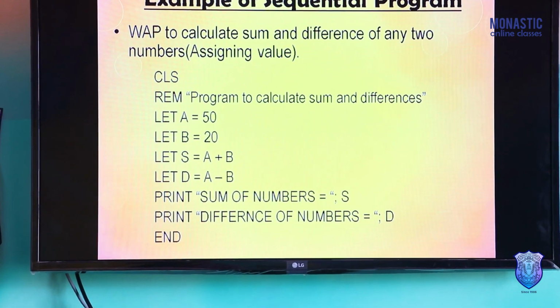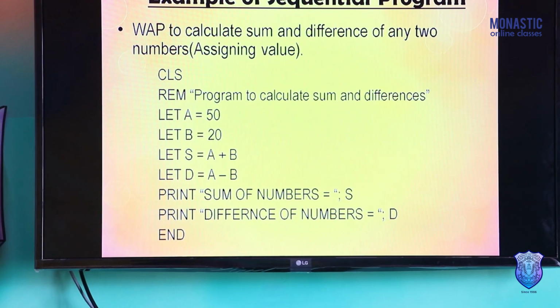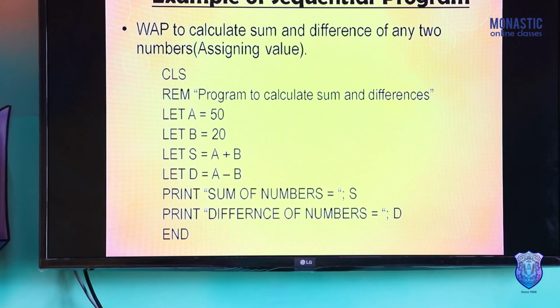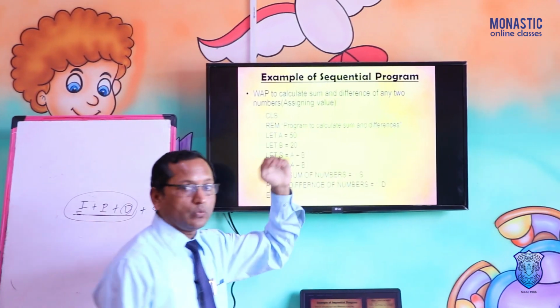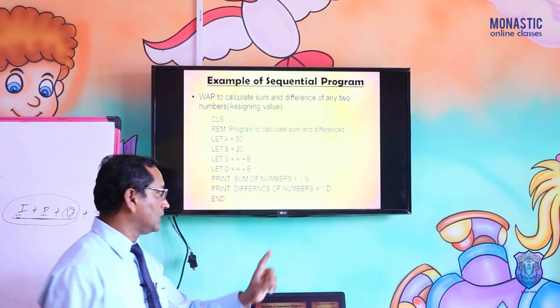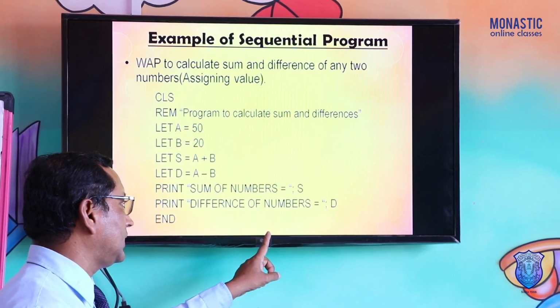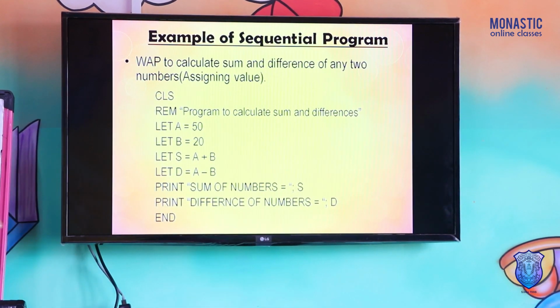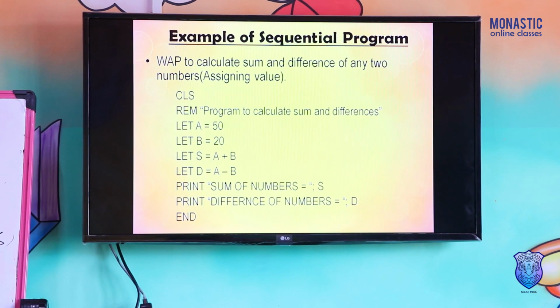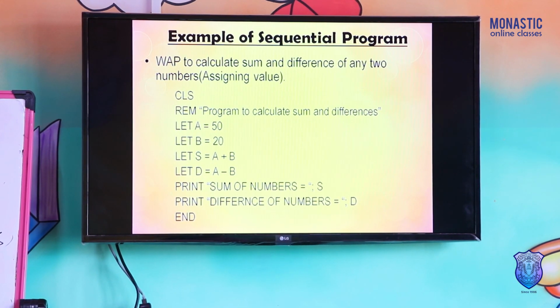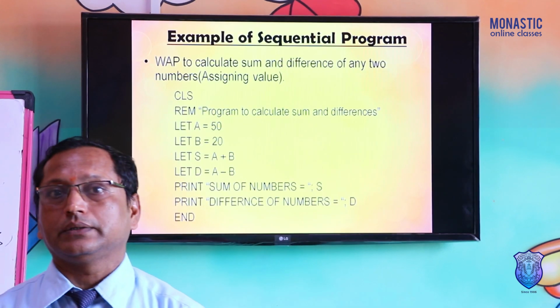So how to write the sequential program? By following input, processing, and output. When you execute the program, it runs with the F5 key, or from the Run menu. Then it will compile internally.